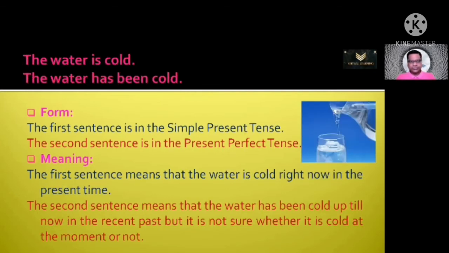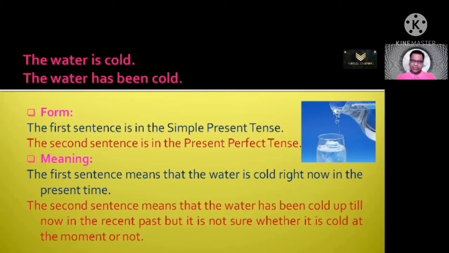Then you have one more pair on your screen. The water is cold, and the other sentence is, the water has been cold. Right? Both the sentences are in present tense, but the first sentence is in the simple present tense, whereas the second sentence is in the present perfect tense.